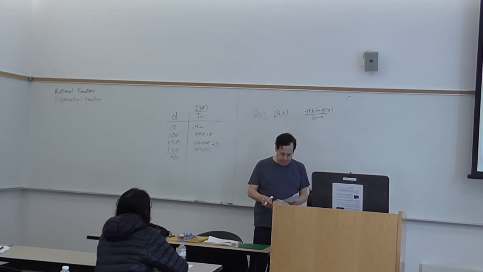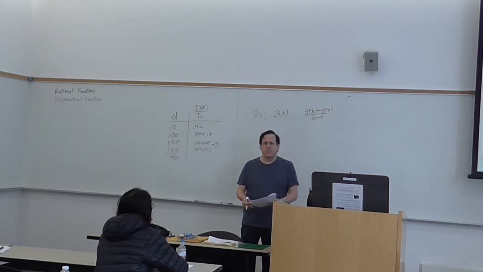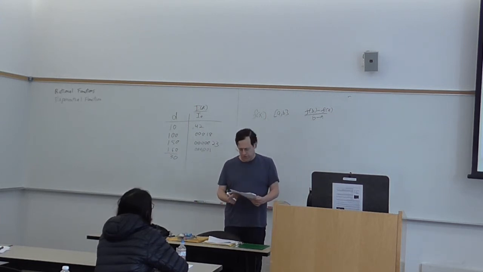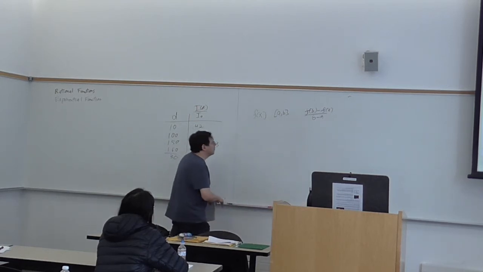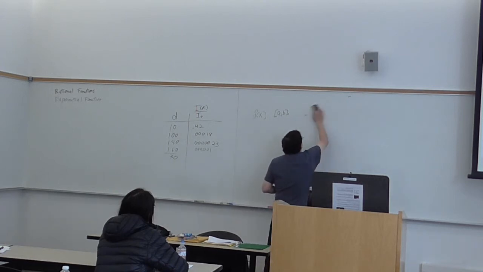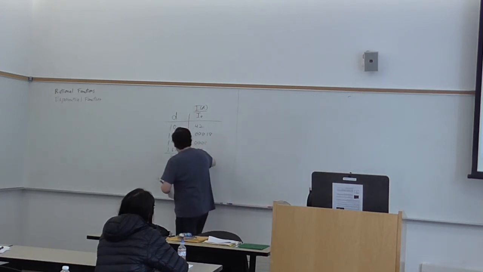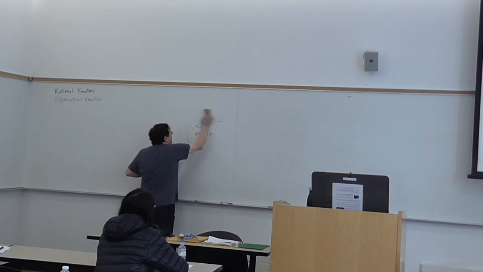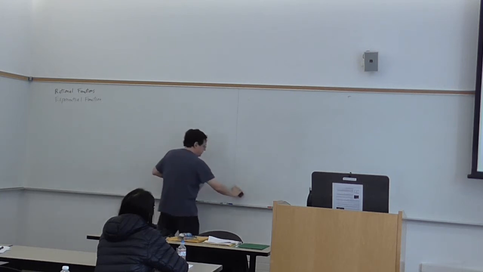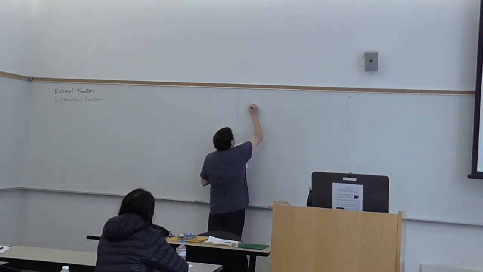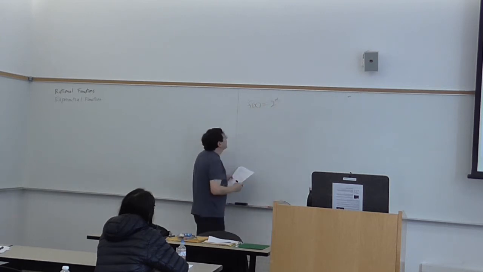Okay. I'm getting a lot of facts about exponential functions here. The next one may seem unnecessary, but it is necessary. Let me look again at my f of x equals 2 to the x, right?